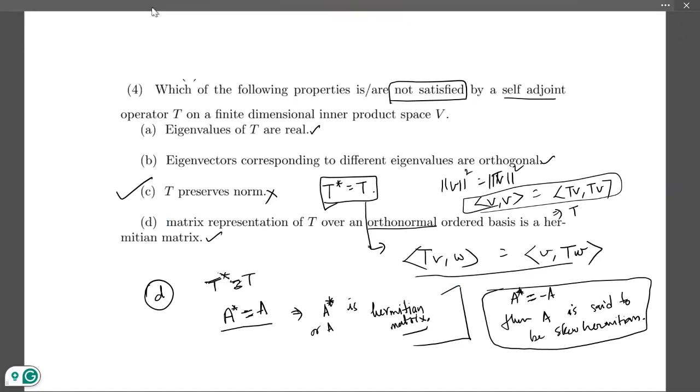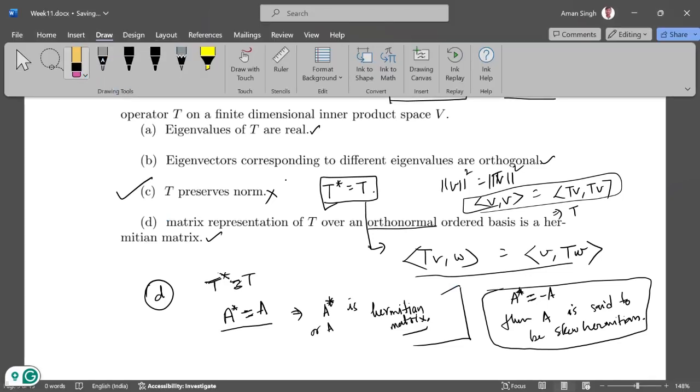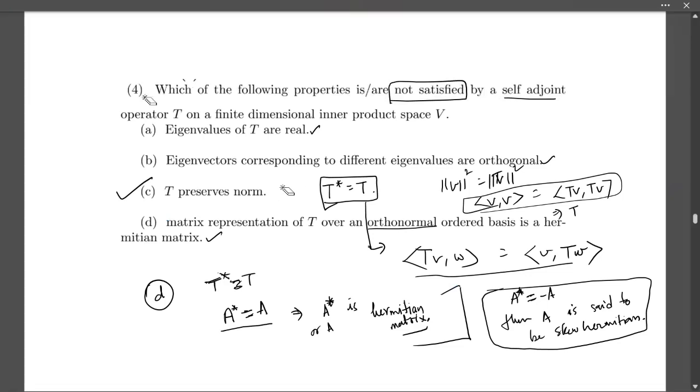That is why I was saying be careful while solving such exercises. Let's see the next question. I think you understood, right? All these options are basically properties of a self-adjoint operator. Good.